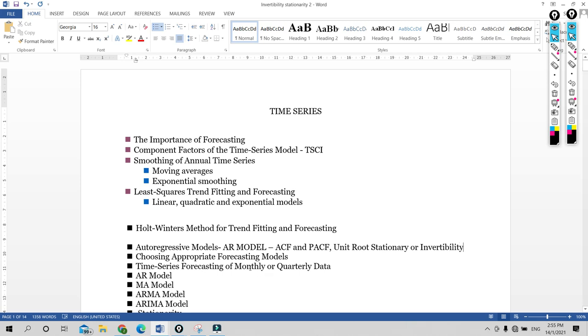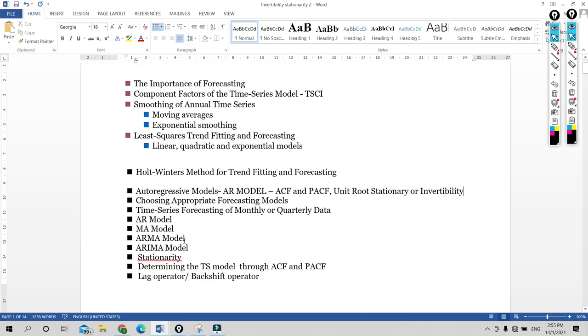So we have several models: the AR model, the MA model, the ARMA model, and the ARIMA model, and then stationarity.